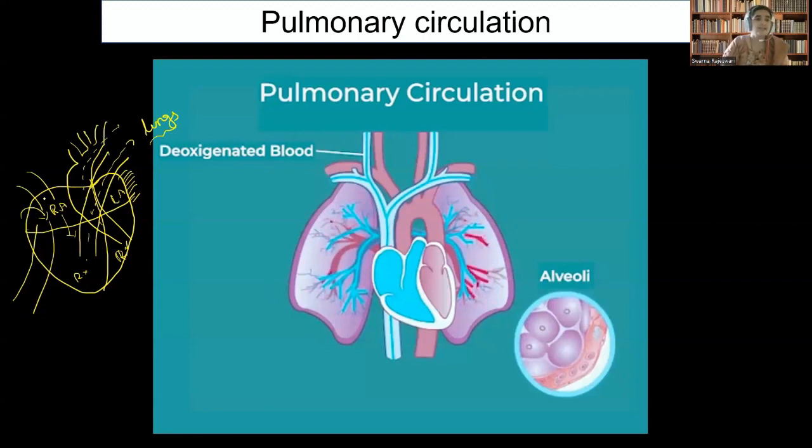This circulation between the different parts of our body and the heart, we call systemic circulation. The circulation where the blood is carried from the heart to the lungs, we call pulmonary circulation.